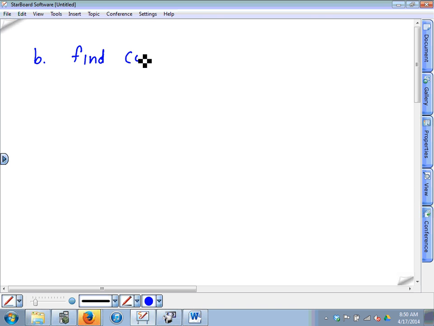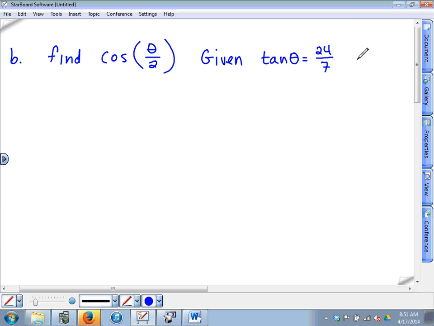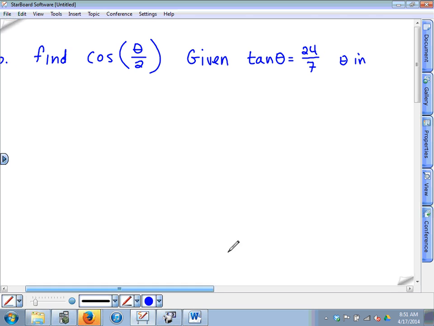So find the cosine of theta over 2 given that the tangent of theta is 24/7 and theta is in quadrant 3.